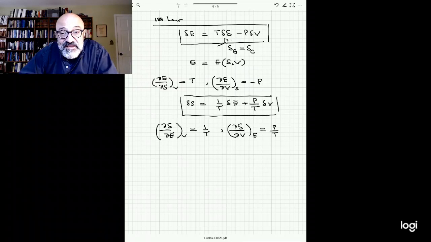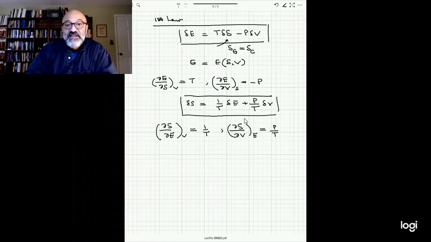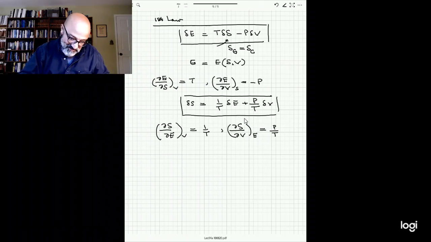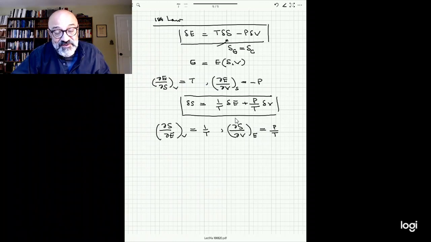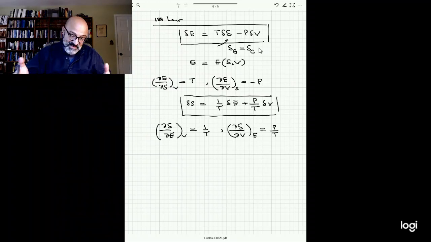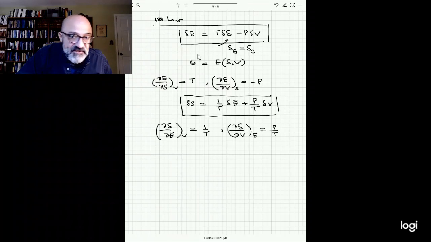Now, clearly, once you have this expression here, everything else follows. You never need to remember any of these formulas, and that's the reason why I'm going over them, because you don't need to know them, you just need to know how to derive them as needed. And this expression is particularly useful when you are considering processes at constant entropy.